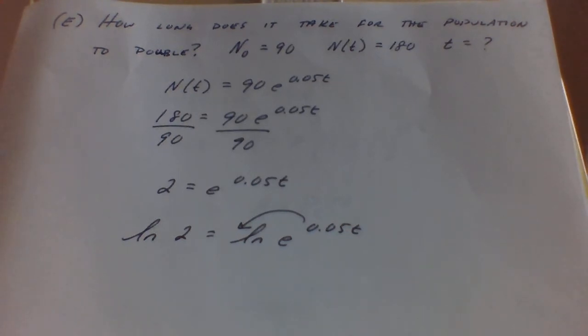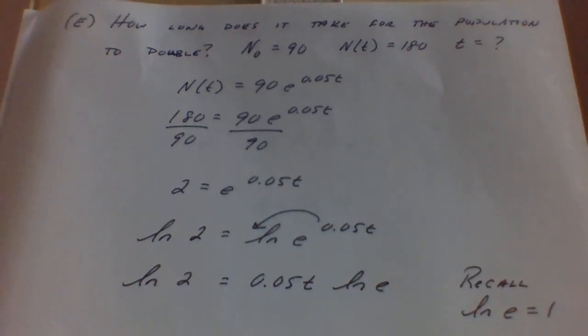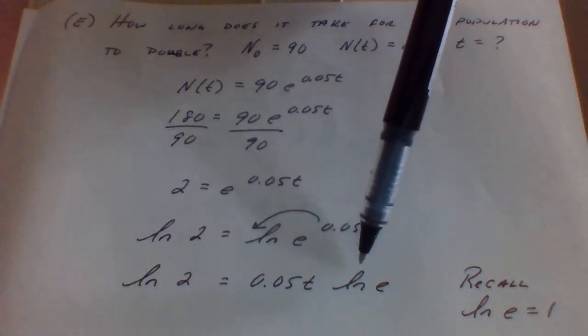After we take natural log of both sides, then we can go ahead and use our properties. I'm allowed to bring down my exponent, that 0.05t, using property 3. On our right-hand side, we want to be able to simplify this natural log of e.